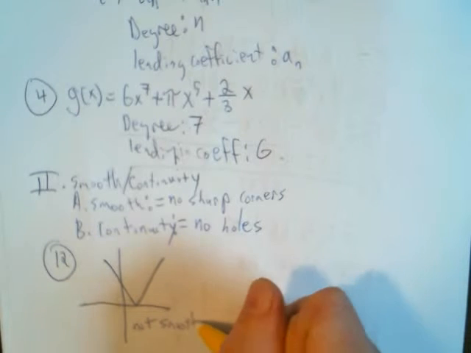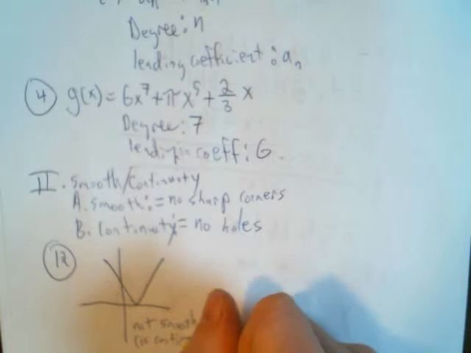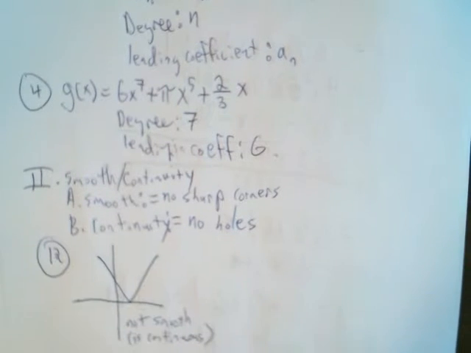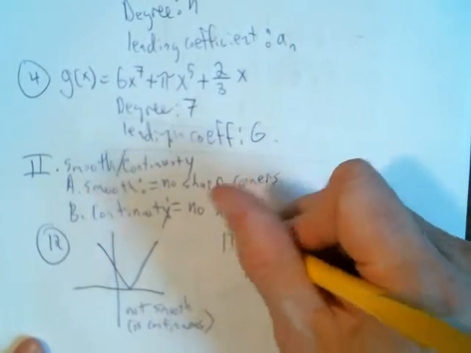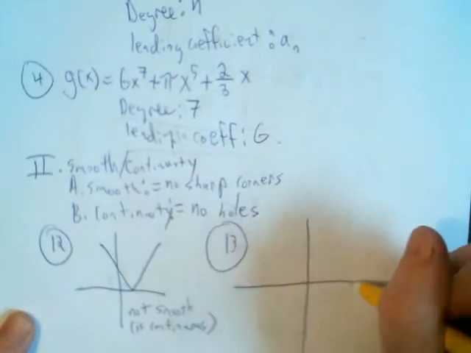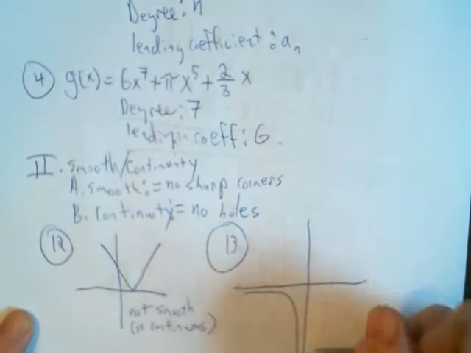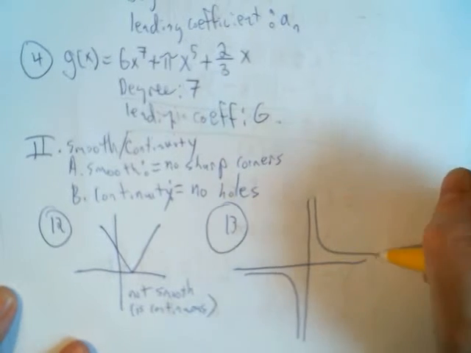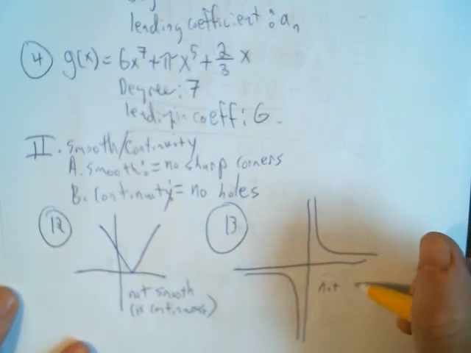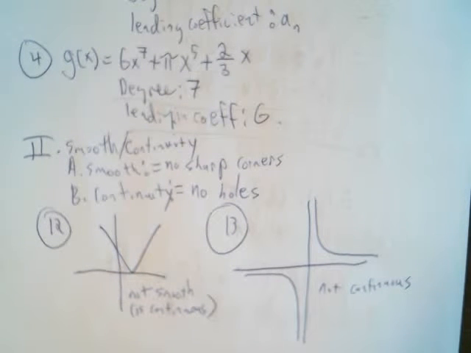You can draw it without picking up your pen. Okay. On the other hand, this guy here is not continuous. So it has a vertical asymptote at x equals 0.